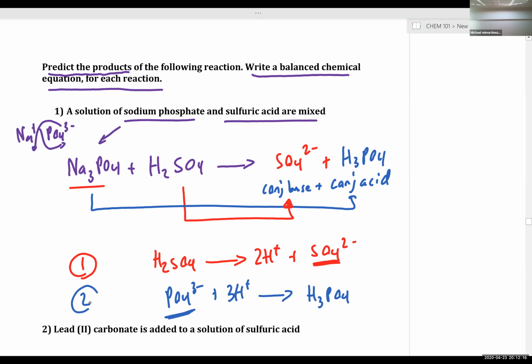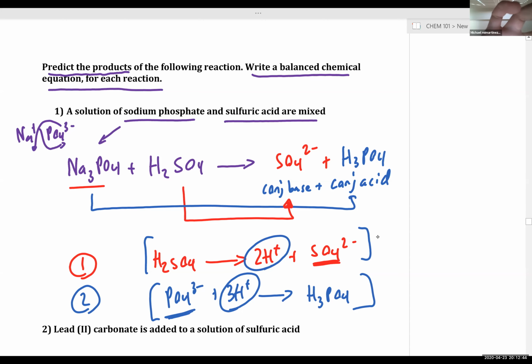Okay. So now that I have my two acid-base equations, I'm going to find the least common multiple. I have 2H plus on top, 3H plus on the bottom. What's the least common multiple between 2 and 3? 6.